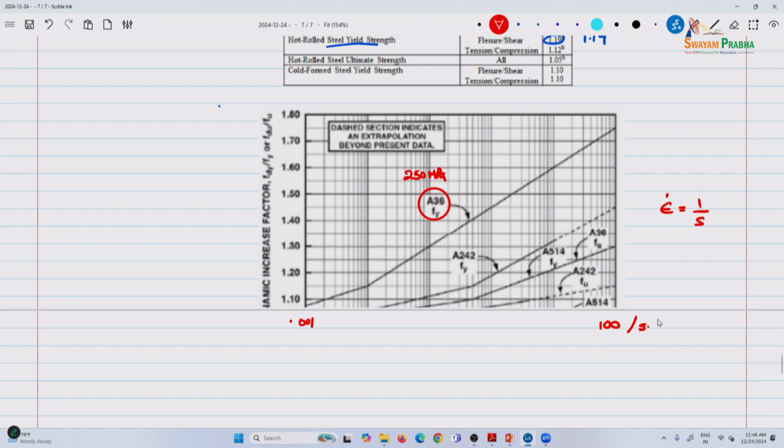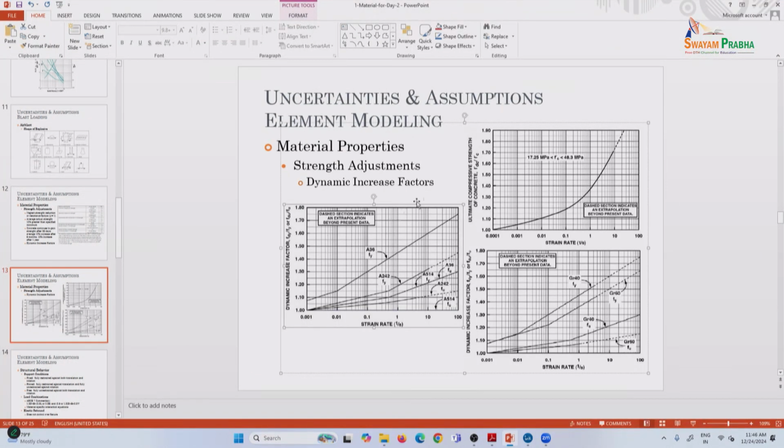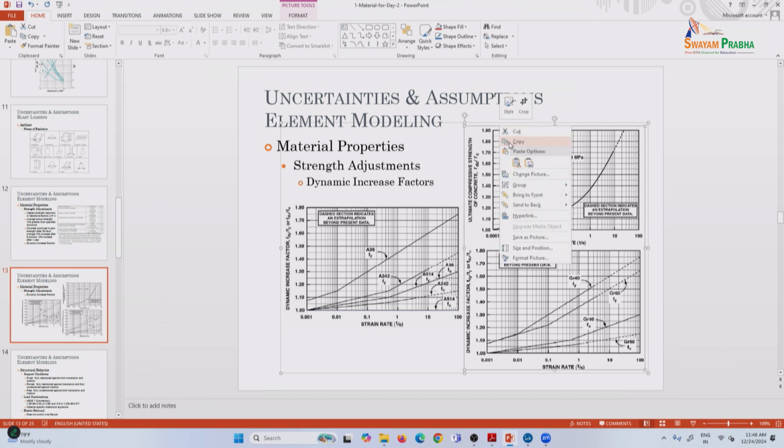And in a similar way, you have, I thought I had for concrete also. Let me see, this is for concrete, and okay, this is structural steel. So let me put this whole thing so that if we have problems, you can use these charts.